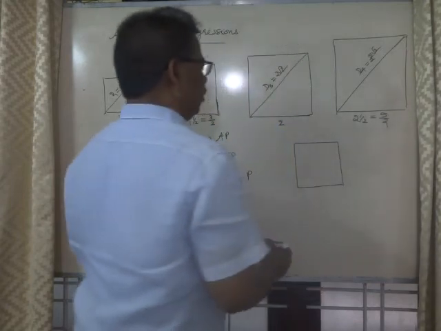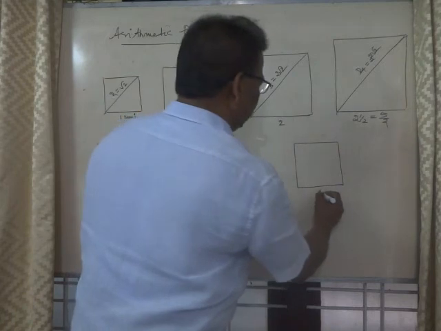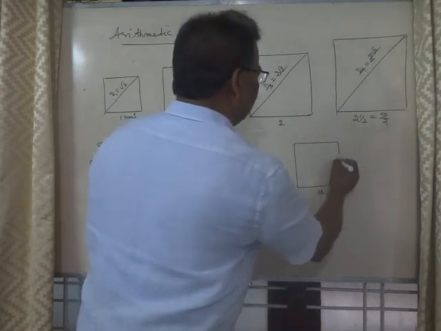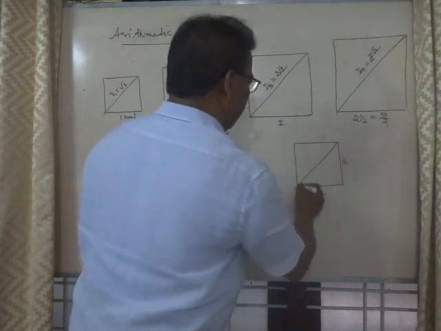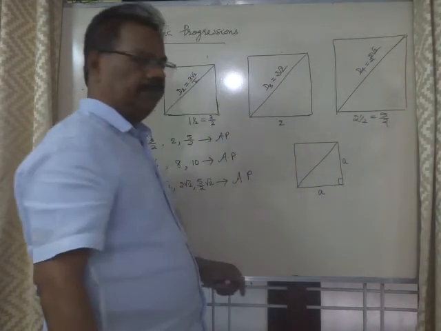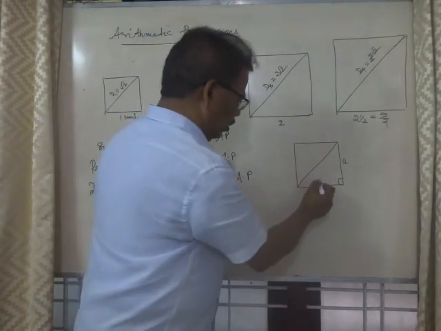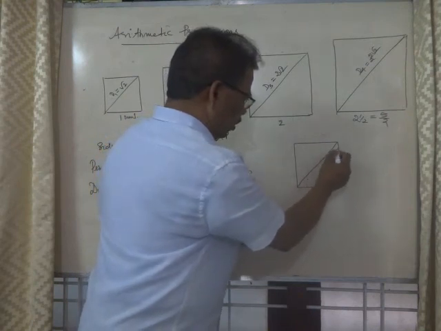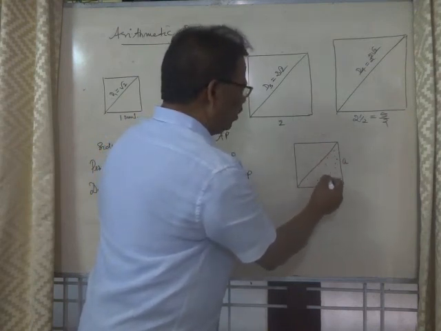Let this be a square. This side is a, this side is a. This is the diagonal, and this angle is 90 degrees. You consider this dotted triangle. It is a right triangle.